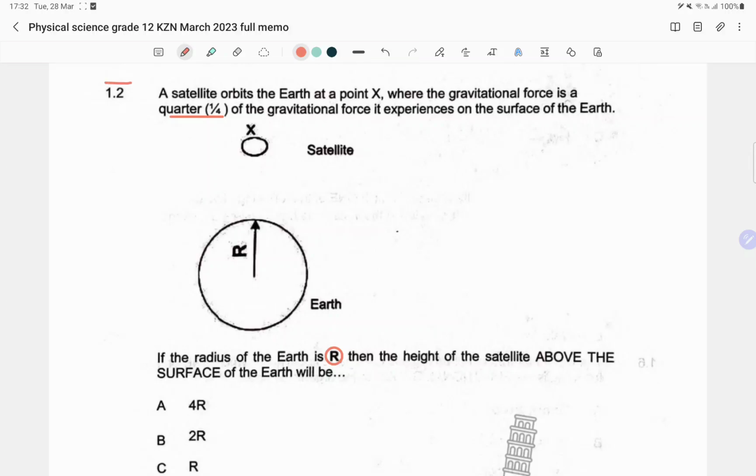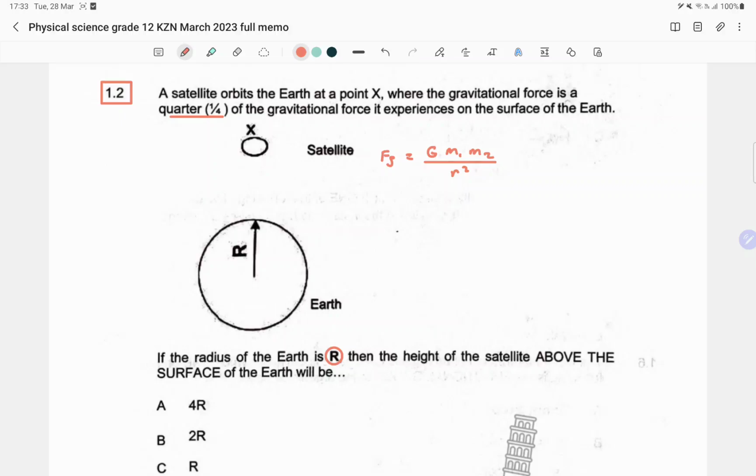Now these are some questions you cannot just look in and have an answer. You've got to work it out. So what do we know? Newton's law of universal gravitation tells us that the gravitational force Fg is the capital letter G, m1, m2 over r squared, which is the distance between these two objects.